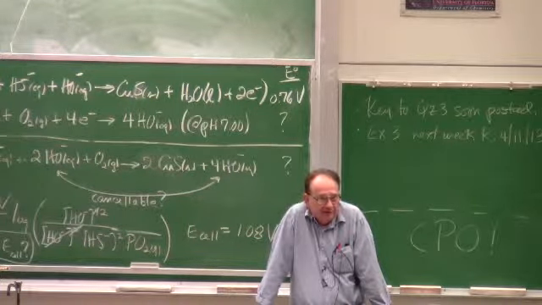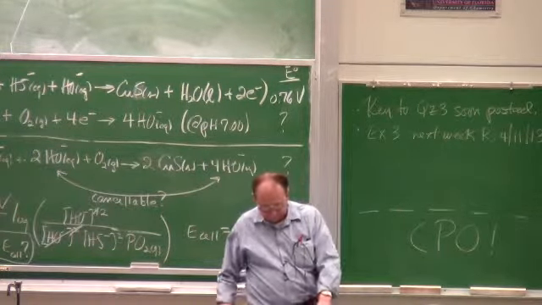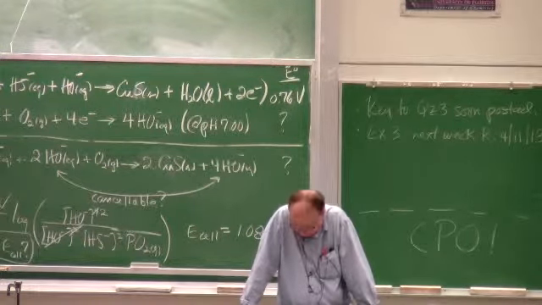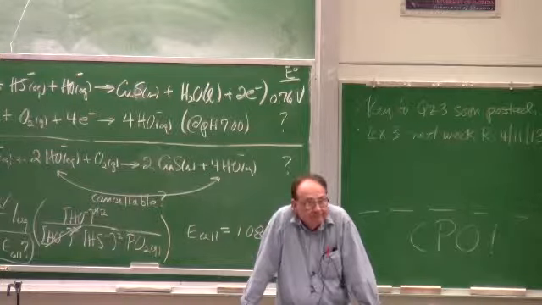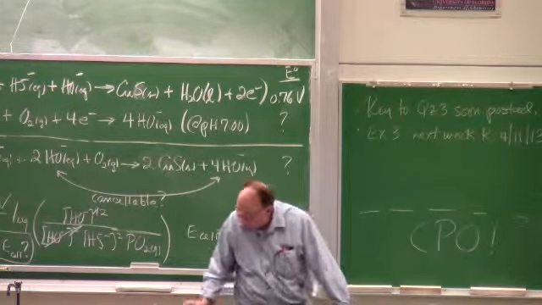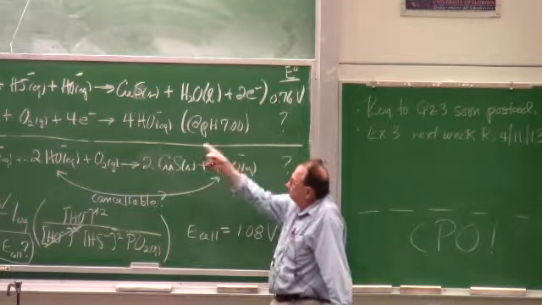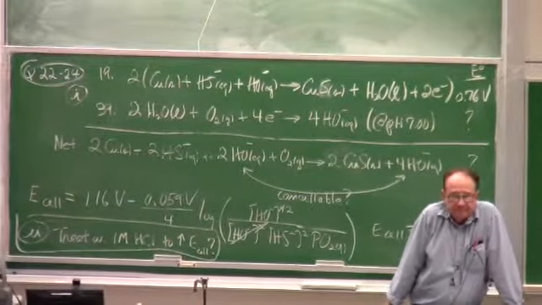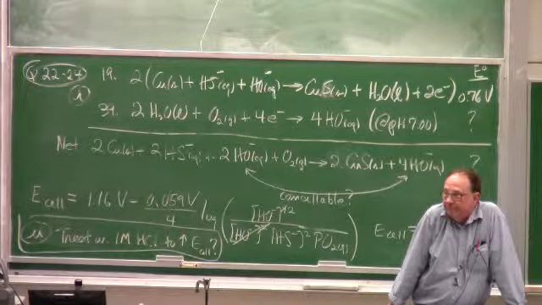I want the E0 values that could be used. What E0 values can we write here? There are two of them.